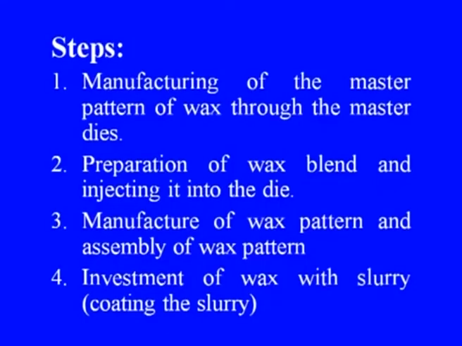These steps involve manufacturing of the master pattern of wax through the master dies, then preparation of the wax blend and injecting it into the die. In the third step, the wax pattern is manufactured and assembled. It is followed by investment of the wax with slurry, also known as coating the slurry, which is followed by drying of the shell thickness, also called the stuccoing process.